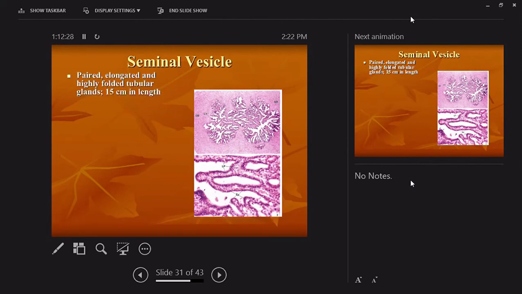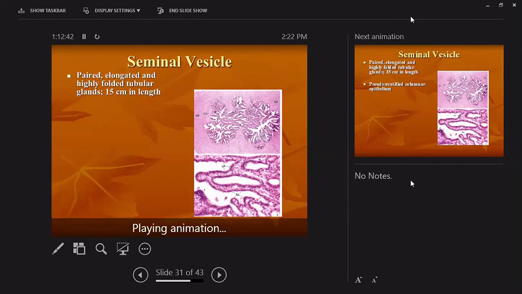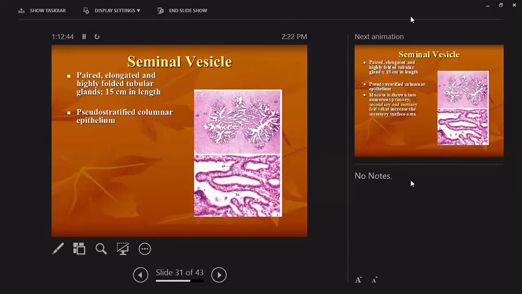Okay, the seminal vesicle, anatomically, is a paired, elongated, and highly folded tubular gland, about 15 centimeters in length. Again, the lining epithelium is pseudostratified columnar, as I said, from the vas deferens down to the seminal vesicle.